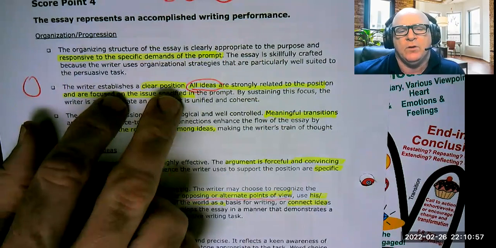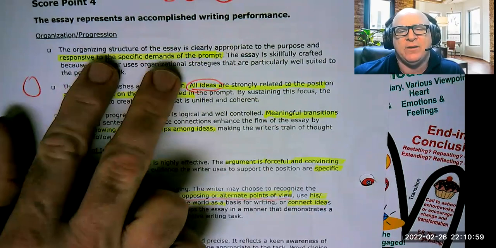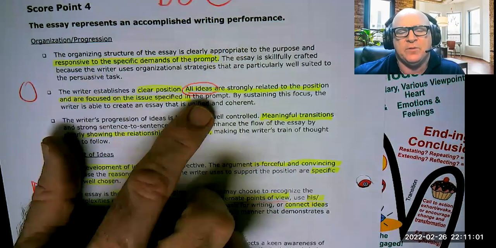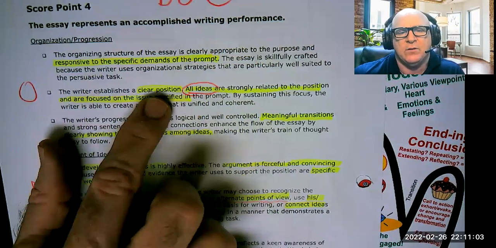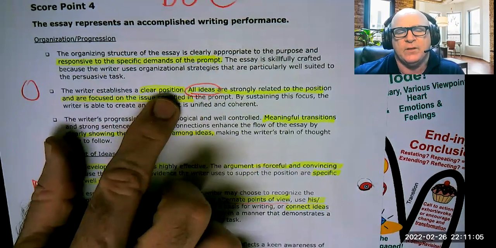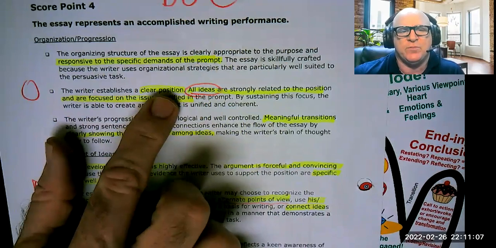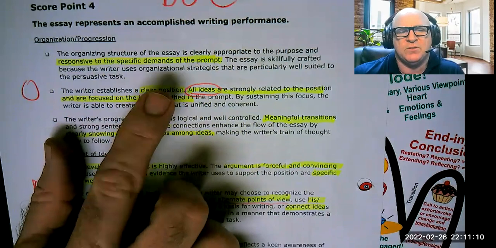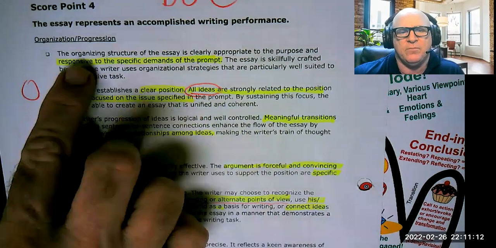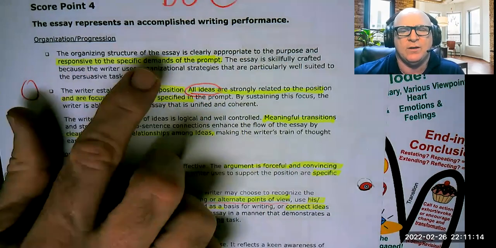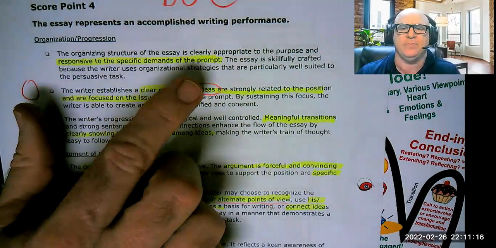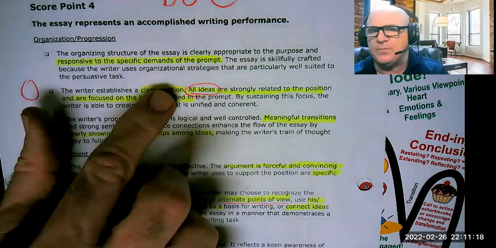Okay. It says that you have to have a clear position. Let's just focus on that. A position that does what? That responds to the specific demands of the prompt. What is your idea about the topic?